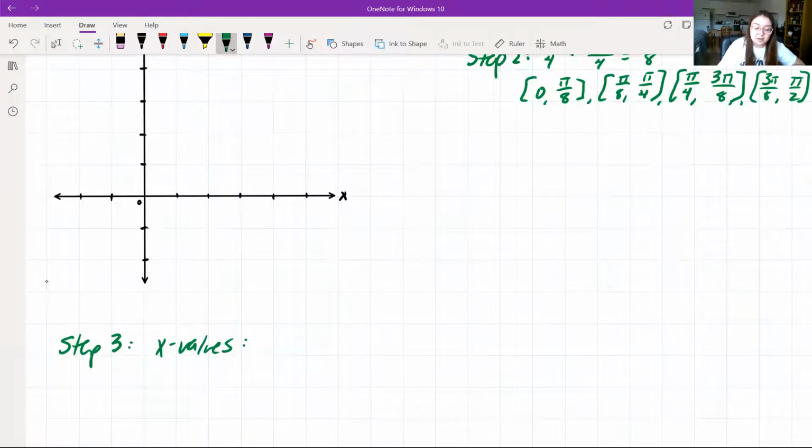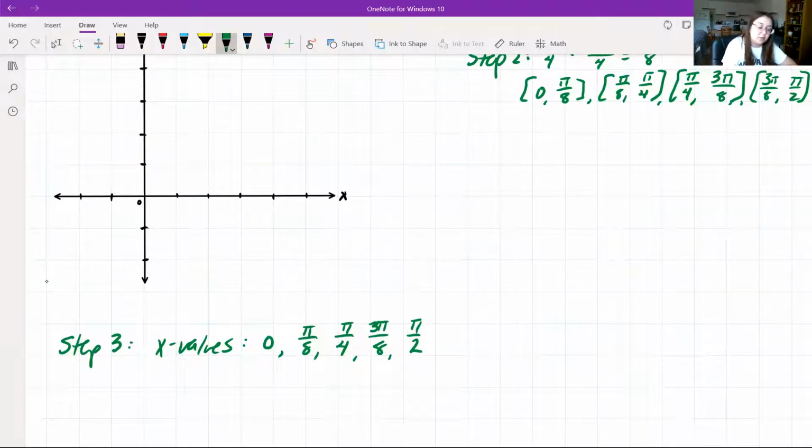So if we pick our x values, this means that our x values should be 0, pi over 8, pi over 4, 3 pi over 8, and pi over 2.